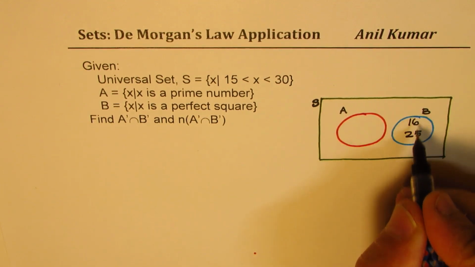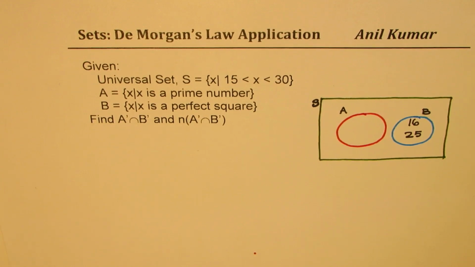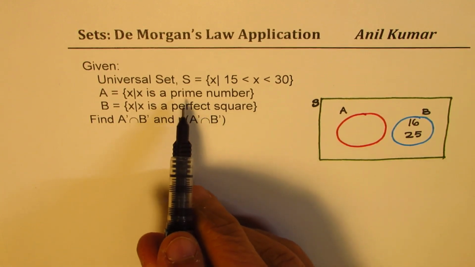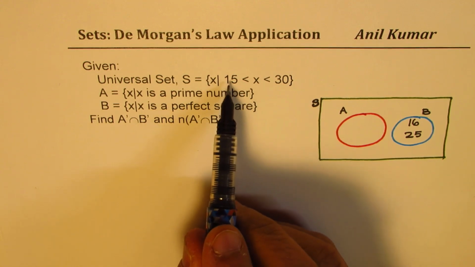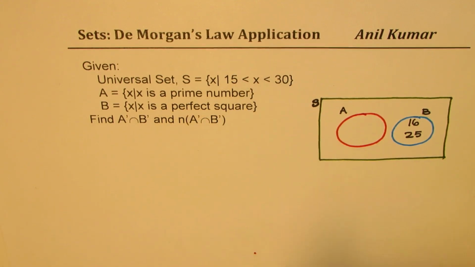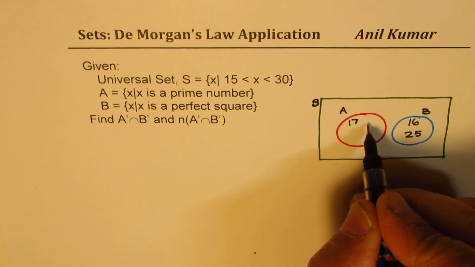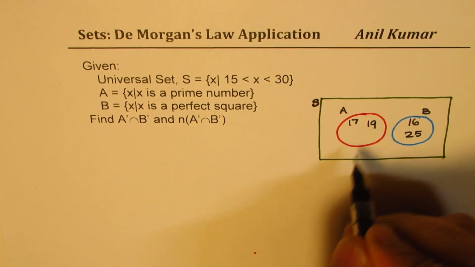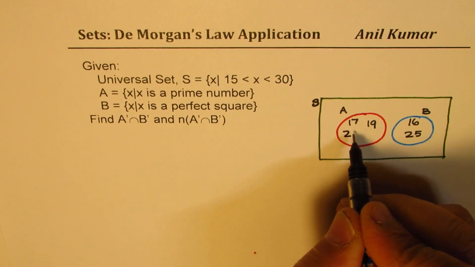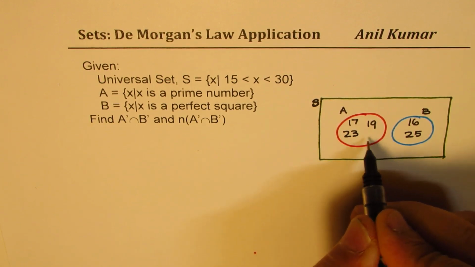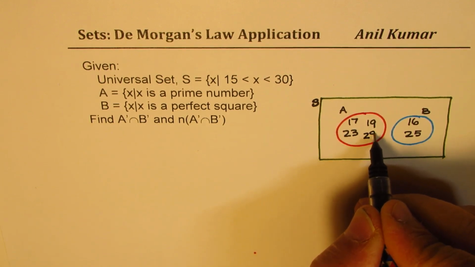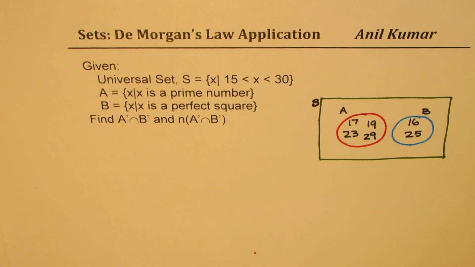So we have two elements in set B. As far as set A is concerned, we are looking for prime numbers between 15 to 30. So we get first number as 17, then we have 19, and then we have 23, and then we have 29, correct? So these are all the prime numbers between 15 and 30.